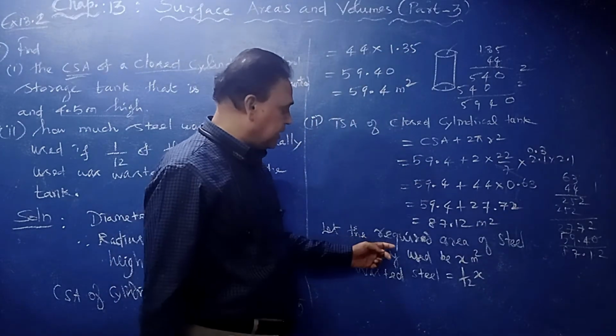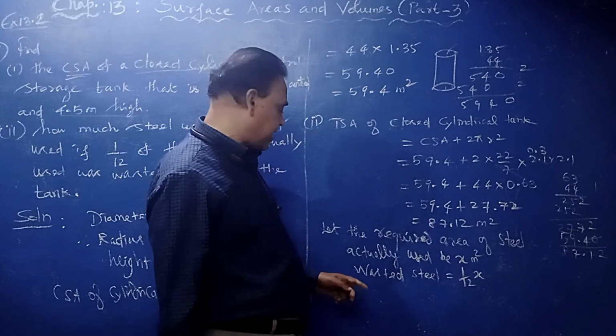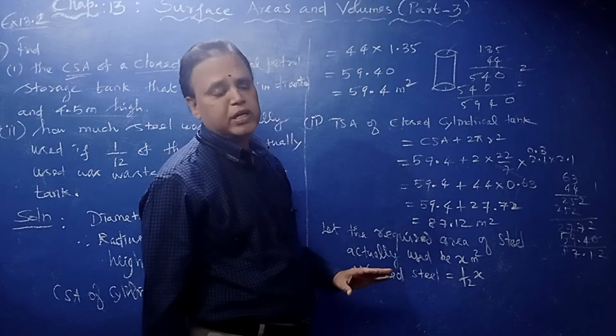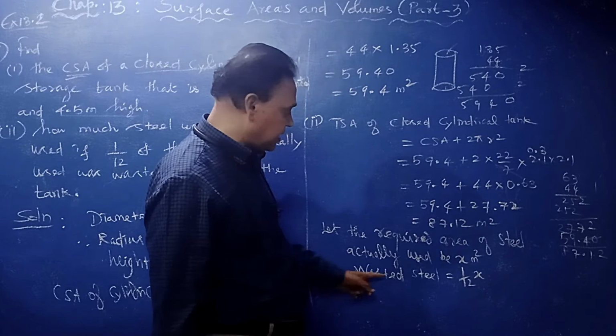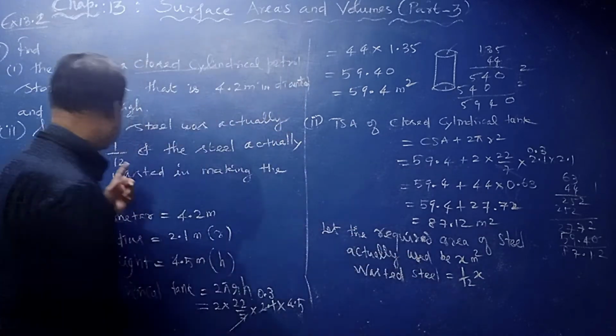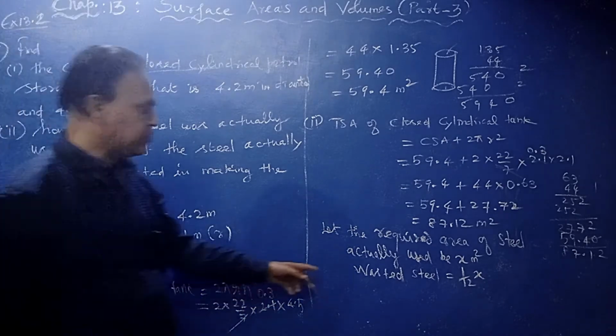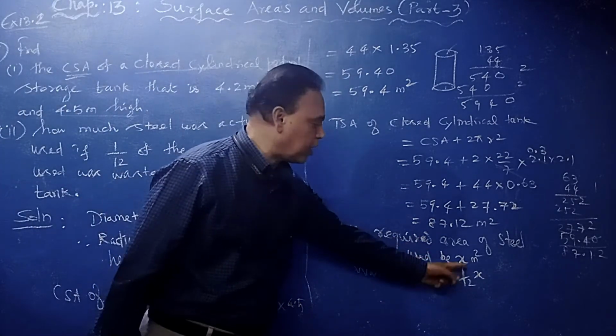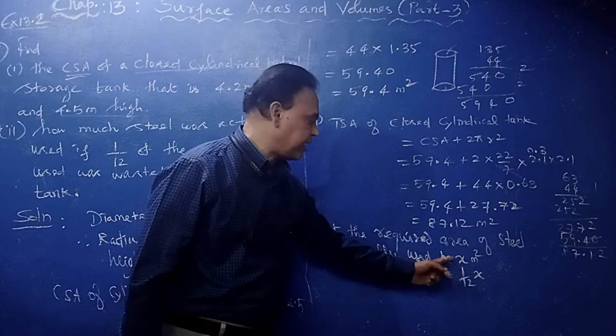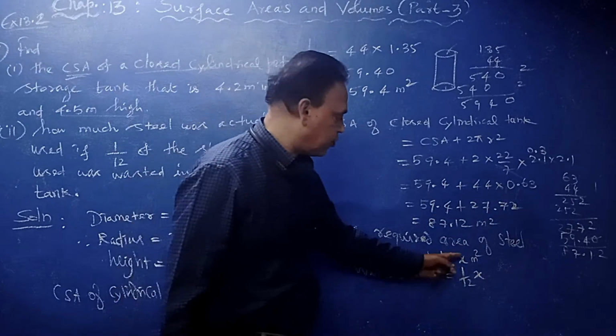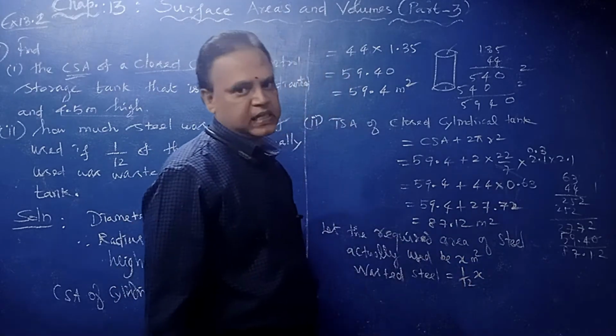The required area of steel actually used is x meter square. Then for the wasted steel, the given condition is 1/12 of the steel actually used was wasted. That means wasted steel is 1/12 of x. This is the required area of steel, and therefore the wasted is 1/12 x.